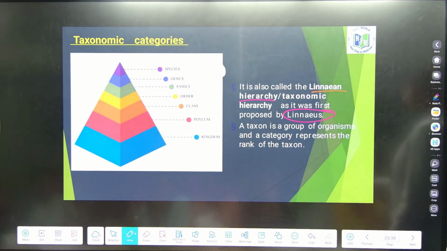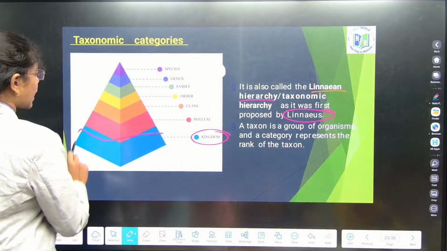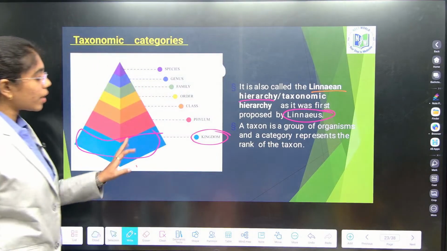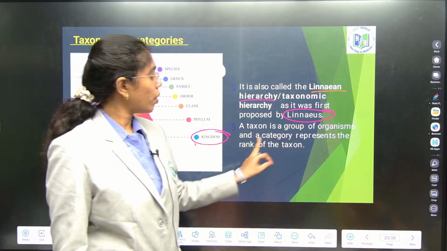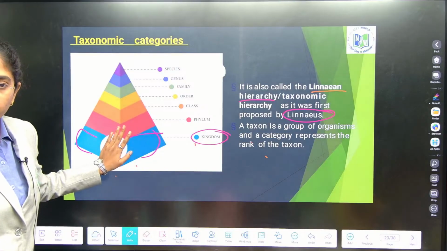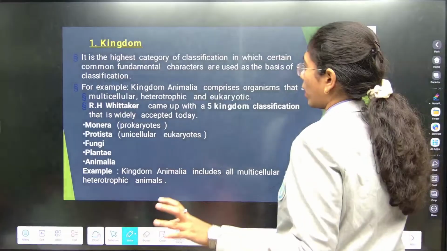A single taxon, for example, let me take kingdom. This is a single taxon, right? A single taxon or category will represent the rank of the taxon. A taxon is a group of organisms and a category represents what? The rank of that particular taxon. The rank of kingdom will be 1.